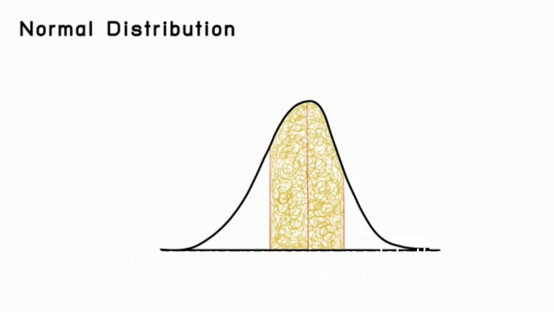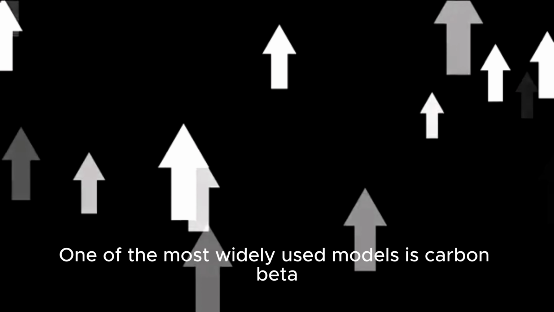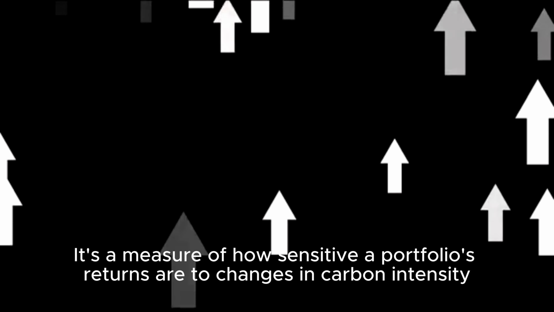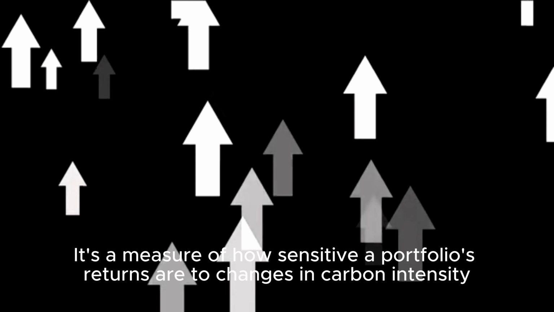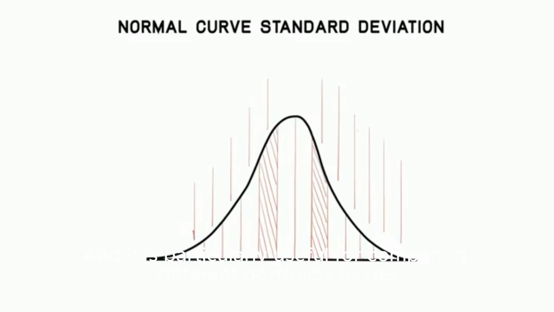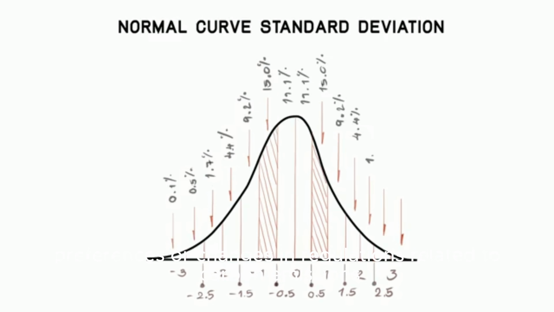Next, let's explore some regression models that can help us understand the relationship between carbon related factors and the returns of our portfolios. One of the most widely used models is carbon beta. It's a measure of how sensitive a portfolio's returns are to changes in carbon intensity, and it's particularly useful for comparing different portfolios to see how they might react to shifts in investor preferences or changes in regulations related to carbon emissions.